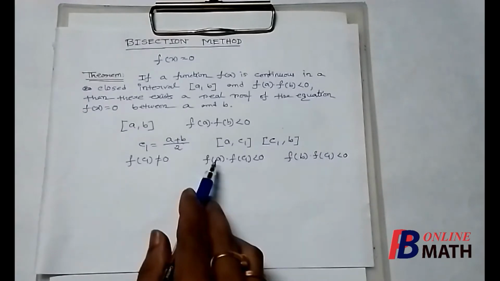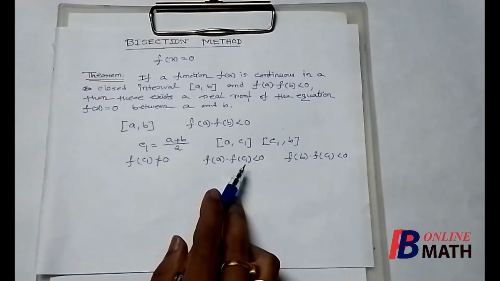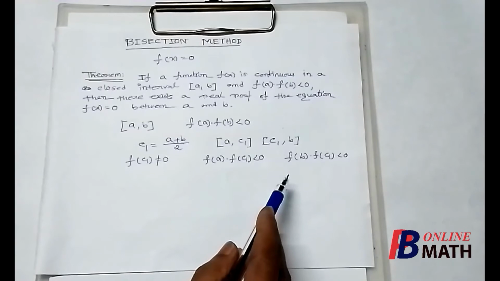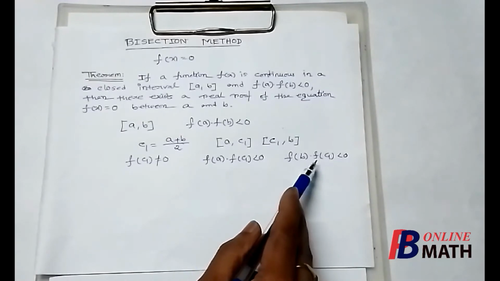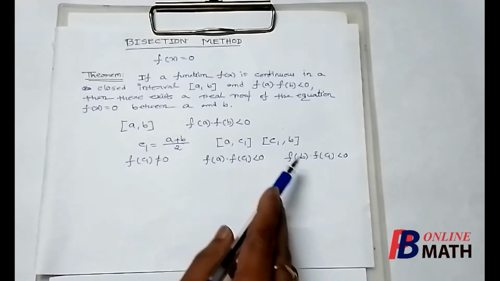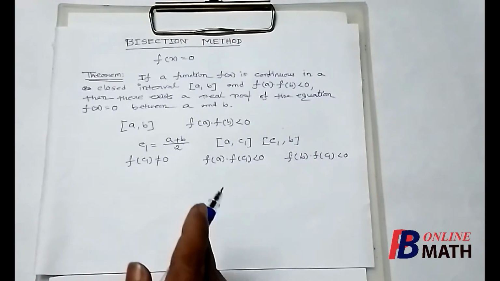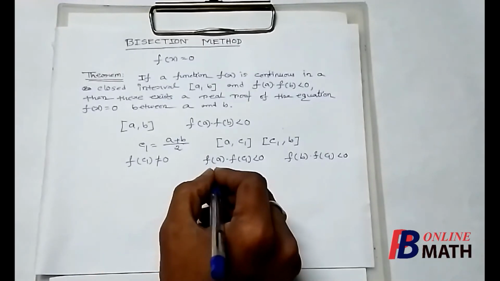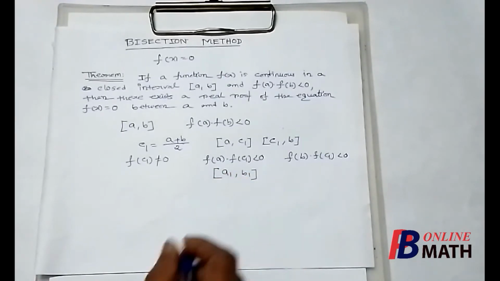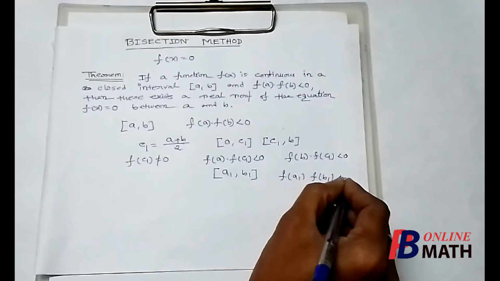If f(a) and f(c1) have different signs, then the next interval which we shall use is a to c1. But if f(b) and f(c1) have different signs, then the next interval which we shall use is c1 to b. So in either case we find one new interval, denoted by [a1, b1], such that f(a1) and f(b1) have different signs.